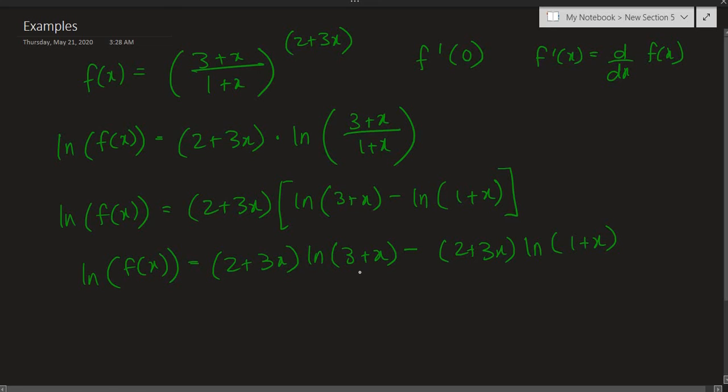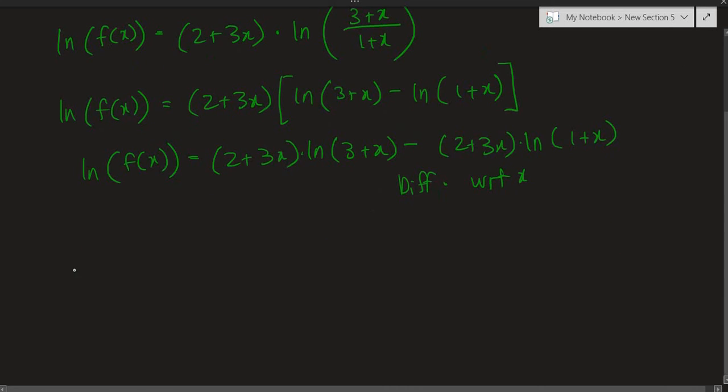And now, since we have everything in terms of natural logs and normal functions, now is a good time to differentiate with respect to x on both sides. So when you differentiate this, you get 1 over f of x times the derivative of f of x, by the chain rule, which can be written as f prime of x, Newtonian notation.